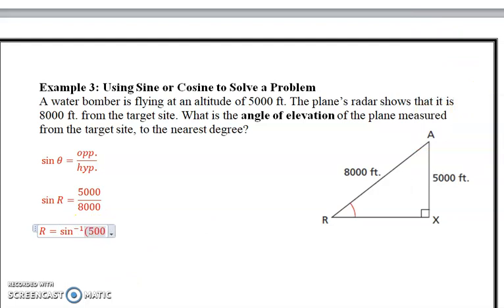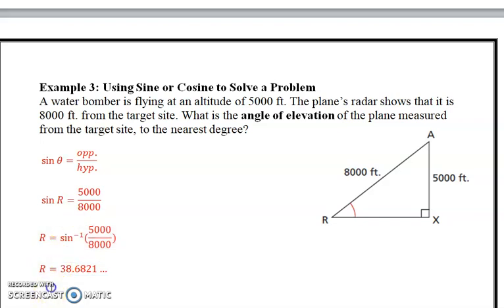Open up your bracket, 5,000 divided by 8,000, close your bracket, and that's going to give us angle R. So we go inverse sine of 5,000 divided by 8,000, and we get 38.6821. I just wrote in a few different numbers, it doesn't make a difference.